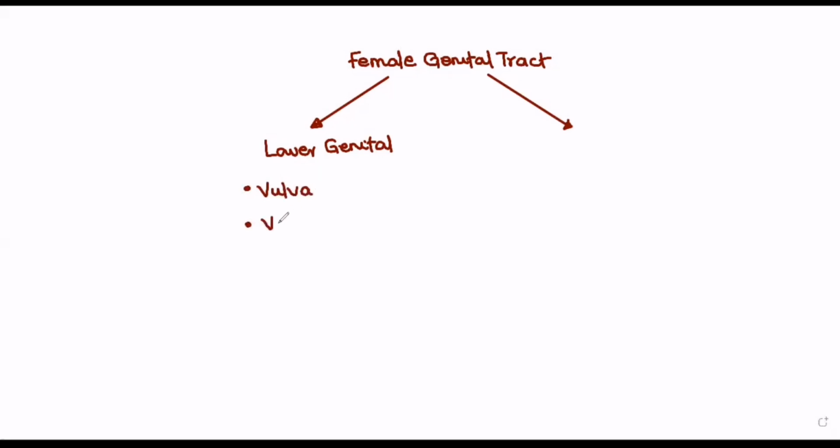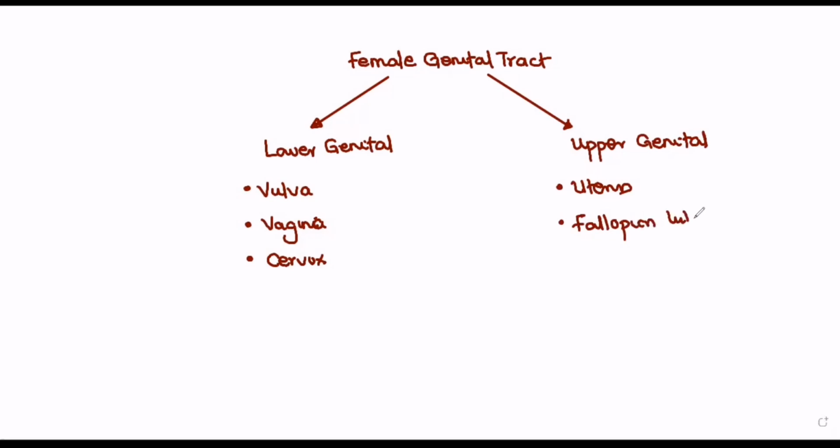Then the vagina, and then the cervix, then the upper genital tract. It begins with the uterus and its endometrium, isn't it? The uterus, the fallopian tube, and then the ovaries. Have I communicated well?